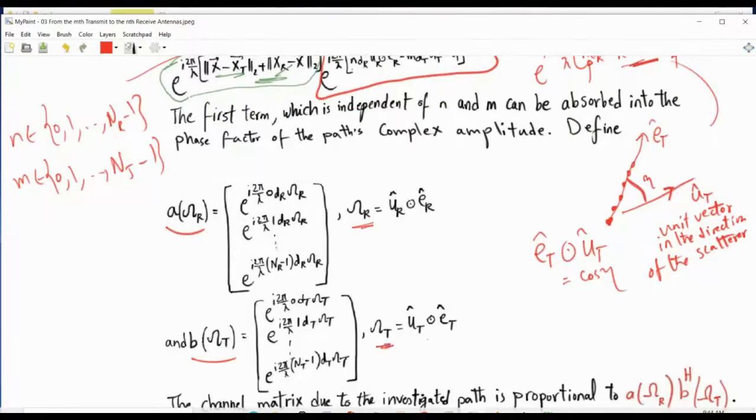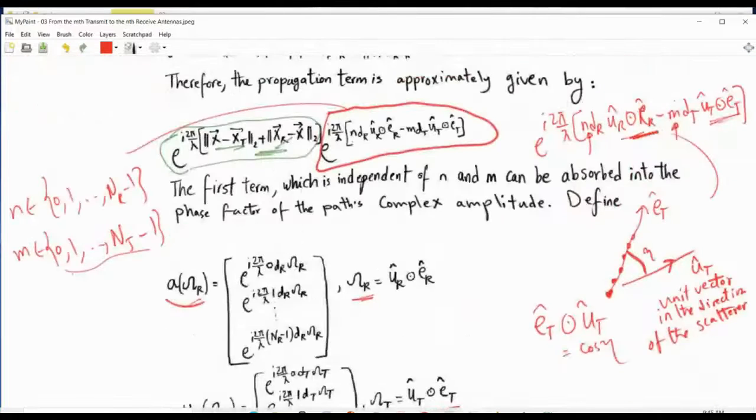Vector B is parameterized by omega_t, which is the dot product of u_t and e_t. Again, it is a cosine. You can think of this as the cosine of the angle between the array and the direction coming from the scatterer at position vector big X. This vector is again e to the i 2 pi over lambda times an integer going through the values 0, 1, 2, up to n_t minus 1, times d_t omega_t. So these are the two vectors.